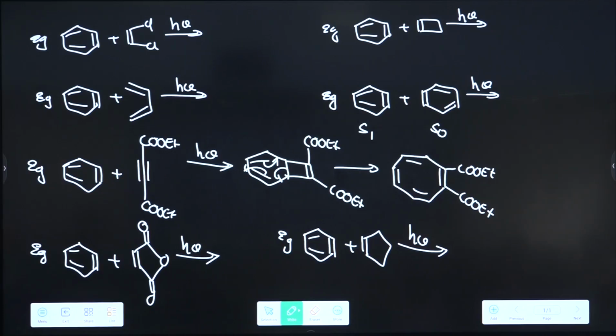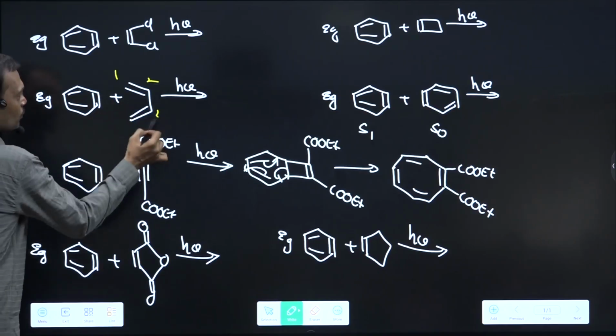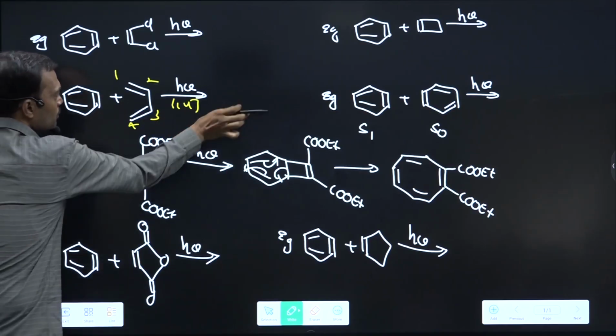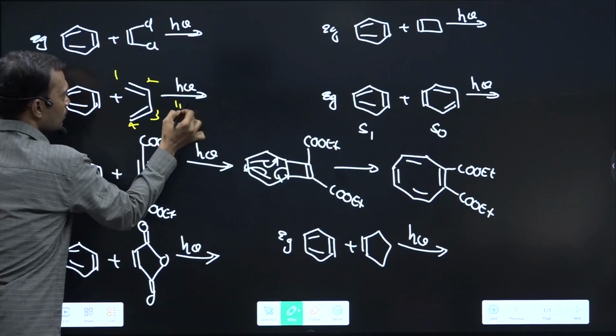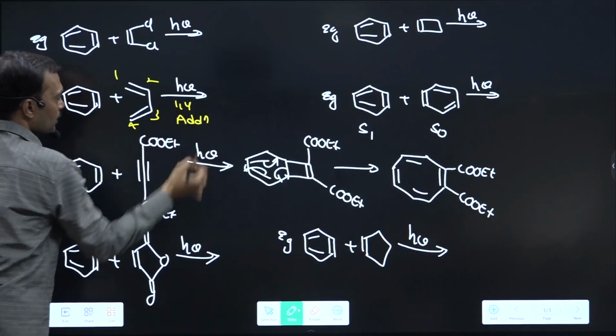Similar reactions, all are 1,2. This is 1,4. Is it a conjugated diene or not? 1, 2, 3, 4, 1,4 addition, 1,4 addition reaction.